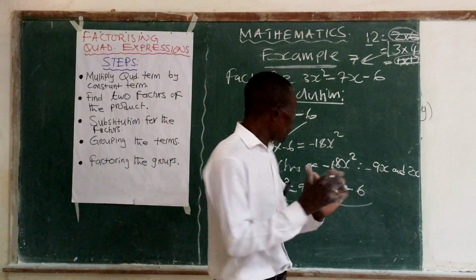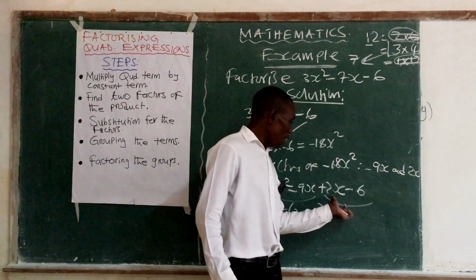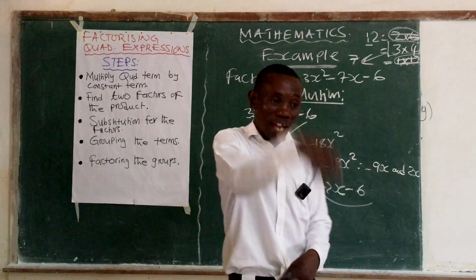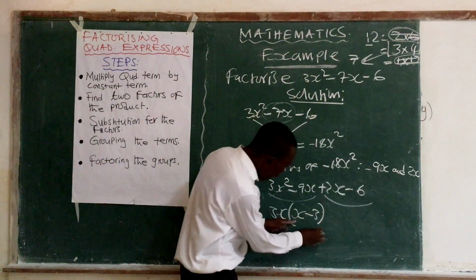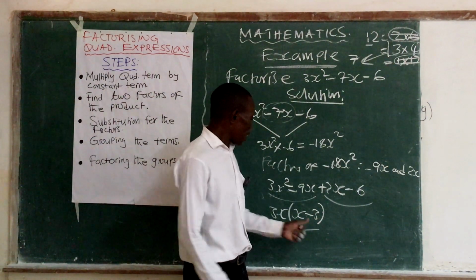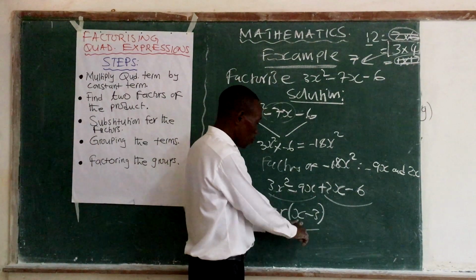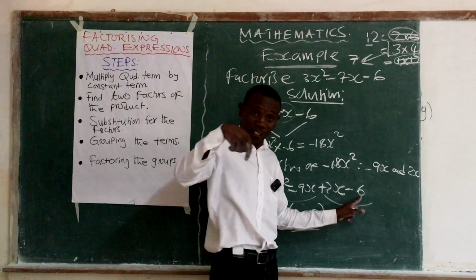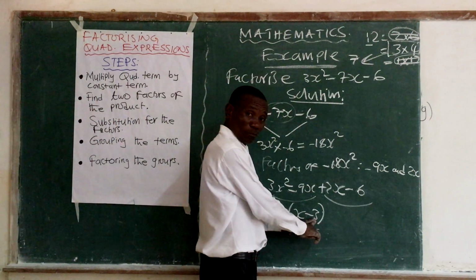The factor that you choose for the next pair should be such that when you divide, the result is the same as what you got in the first instance. Like here, I got x minus 3.